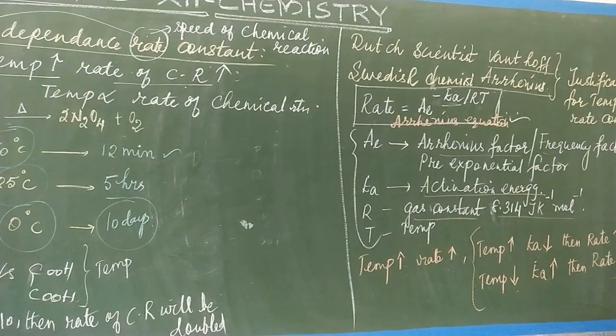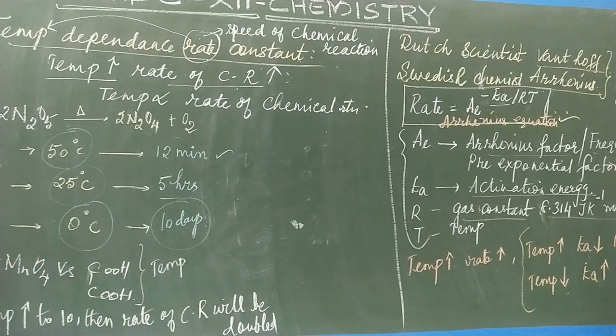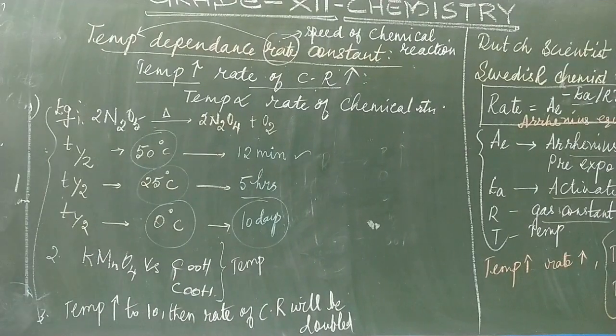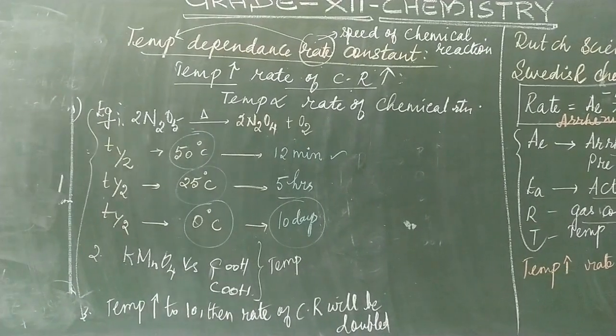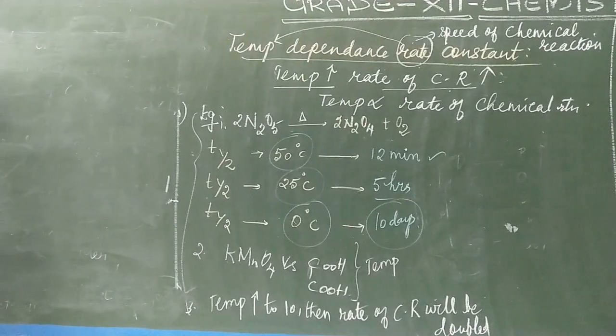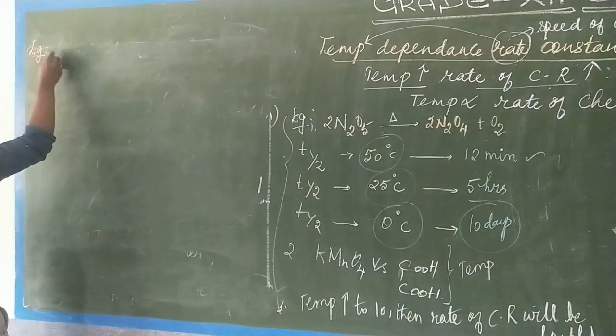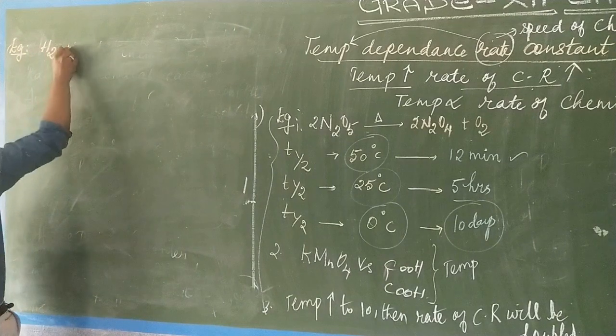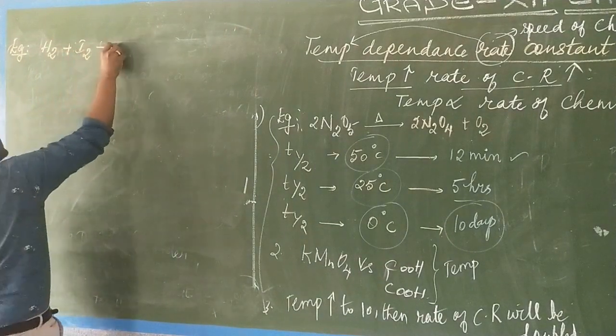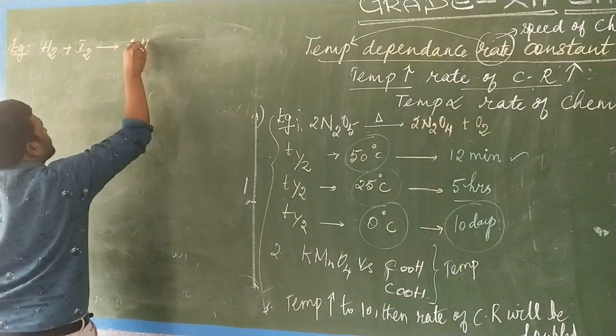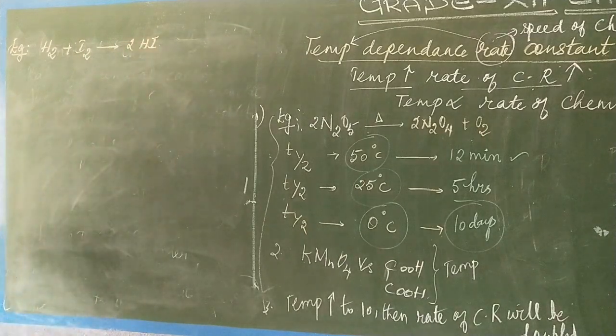Hydrogen combines with iodine, giving rise to the formation of hydrogen iodide. This is an example for the temperature dependent rate constant equation: hydrogen combines with iodine, giving rise to the formation of two molecules of hydrogen iodide.